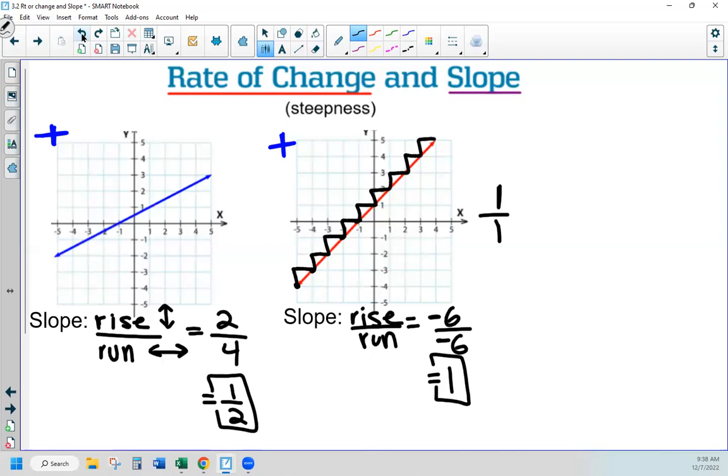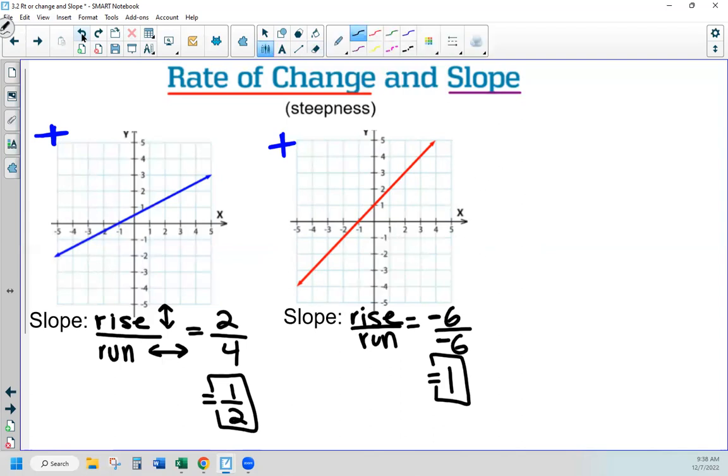If you follow up 1, right 1, this will make this line. You will find a point on this line. That is why this is called the rate of change of this line. This line is changing at that rate, going up and to the right at 1 and 1.